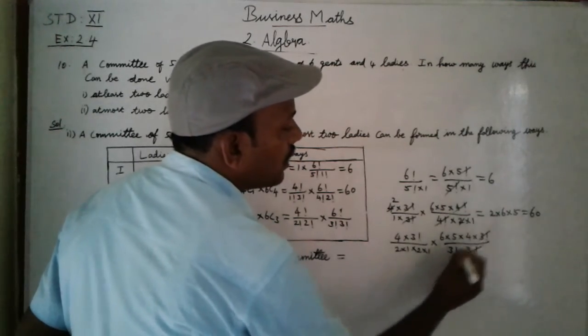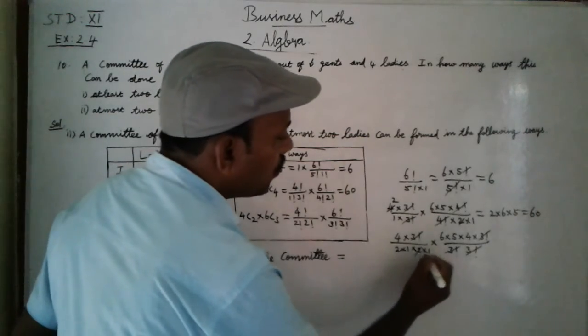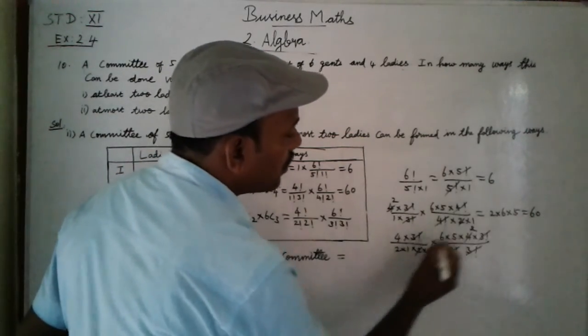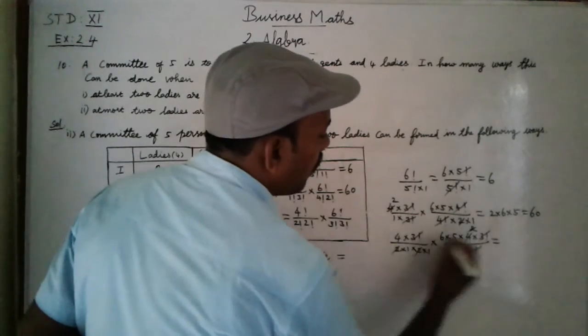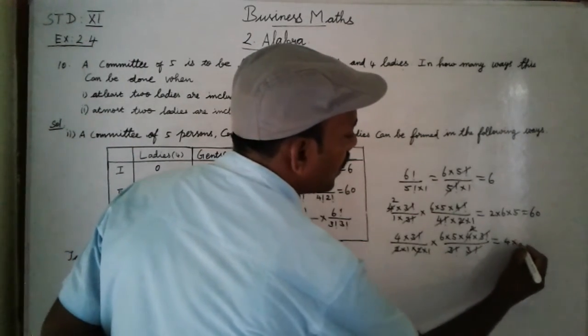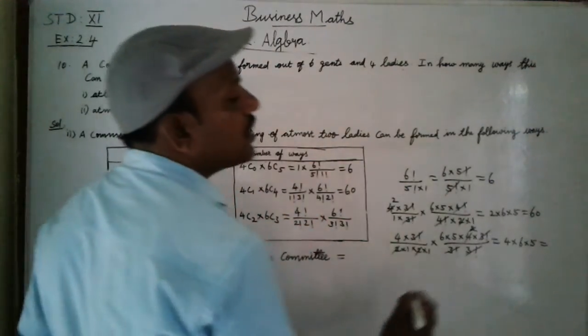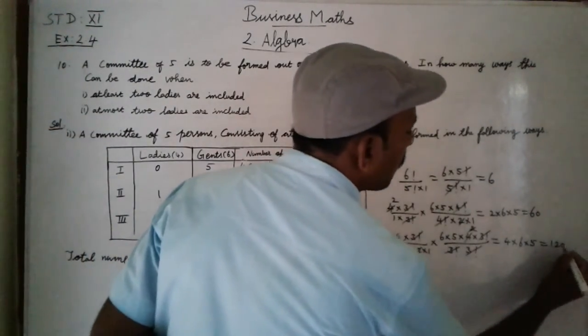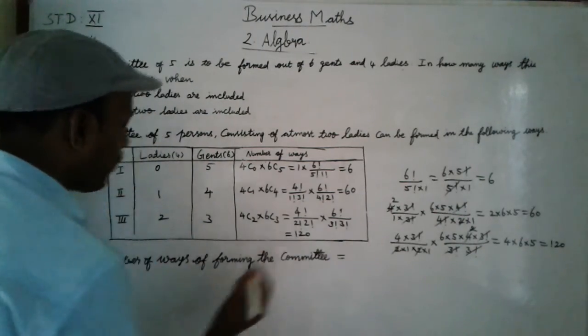So one 3 factorial is cancelled, another 3 factorial is cancelled. 2 is 2 times, again 2 cancels. So what is 4 into 6 into 5. 6 fives are 30, 30 into 4 is 120. So that is equal to 120.